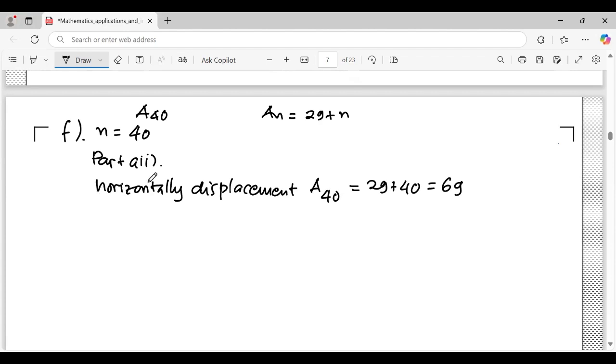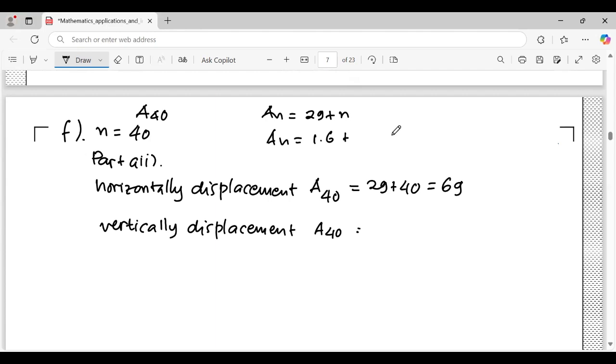Next, on part A2 as well, for the vertical displacement of A40, an equals 1.6 plus 2.5n. So for A40 it means 1.6 plus 2.5 times 40, and the result is 21.6.